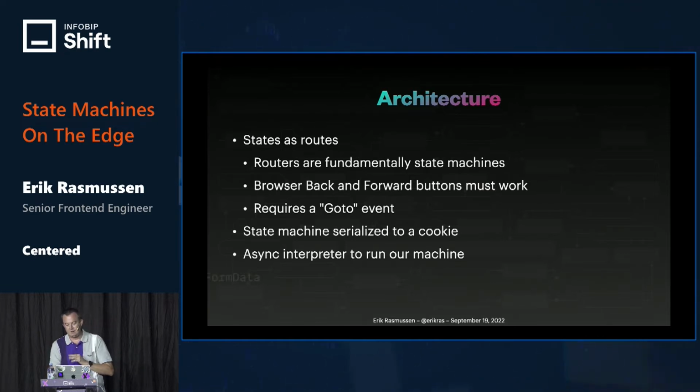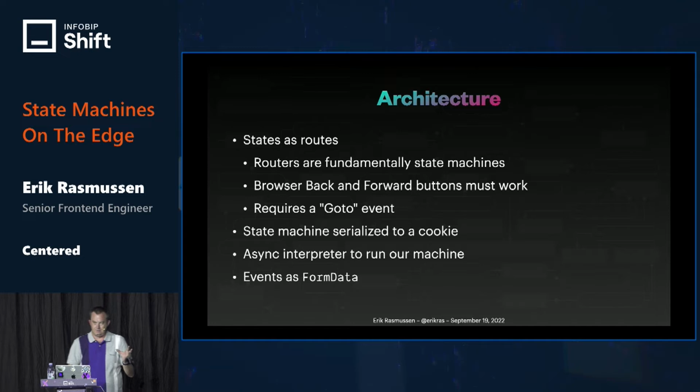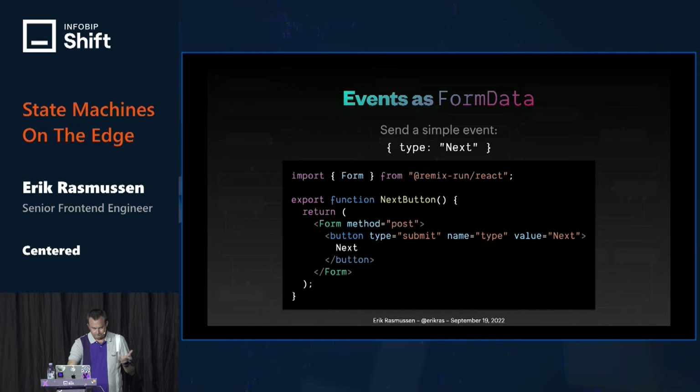So we're going to send our events using form data, not a fetch, but a form submission. So how do we do this? Well, we're going to use Remix's form component, and we're going to set the method to post. And we're just going to use a regular old HTML submit button.